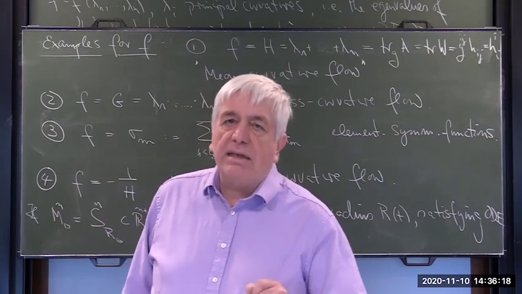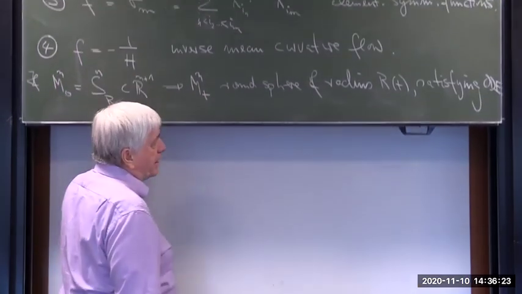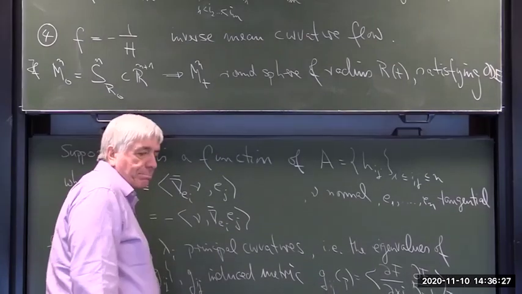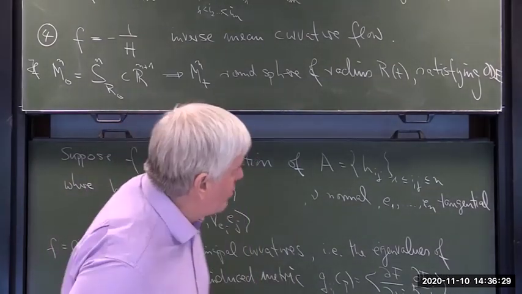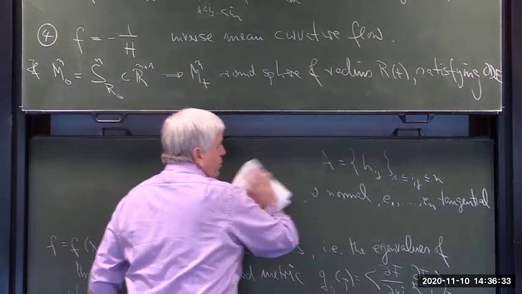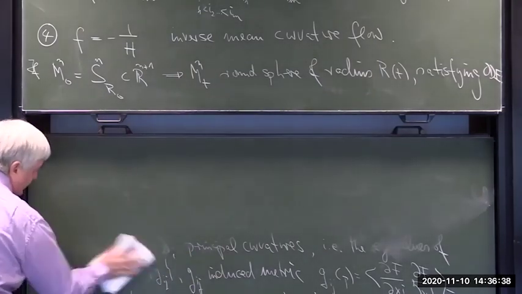Now, what does that mean, that this flow is of a parabolic nature? I don't want to go into all the details, but I'll at least give you the result. And parabolic means it's essentially like a heat equation.